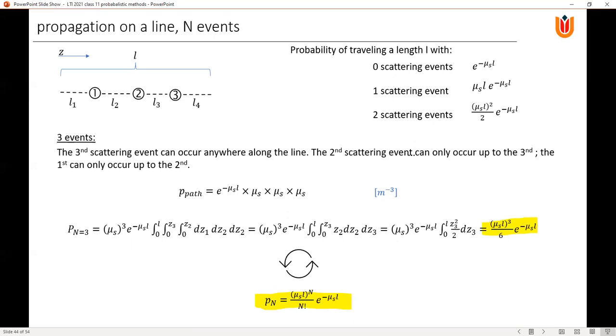If we repeat this for any number of n scattering events, then the generalized probability is given by exponential of minus μs times L, times μs times L to the power of n divided by n factorial. That is due to the repeated integration, and then the exponential term that is just related to the length of the path, and all these increments in the integration.